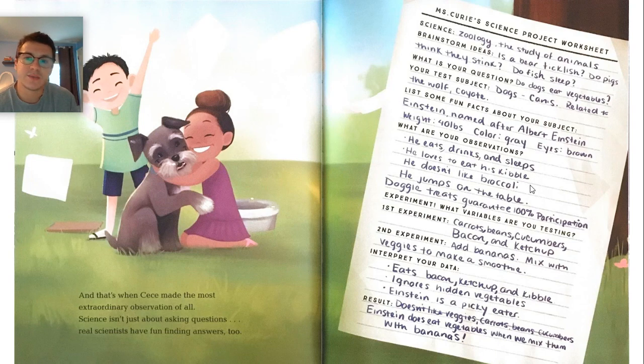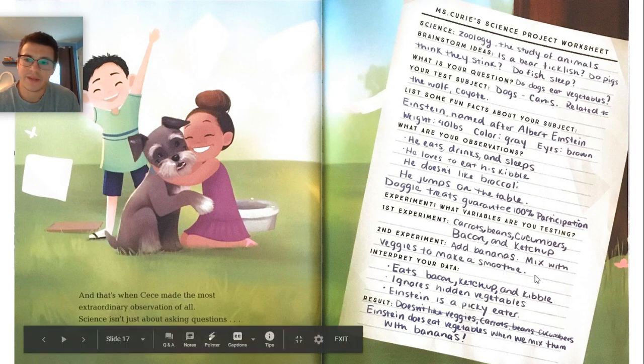He loves to eat his kibble. He doesn't like broccoli. He jumps on the table. Doggy treats guarantee 100% participation. Experiment. What variables are you testing? First experiment. Carrots, beans, cucumbers, bacon, and ketchup. Second experiment. Add bananas, mix with veggies to make a smoothie. Interpret your data. Eats bacon, ketchup, and kibble. Ignores hidden vegetables.